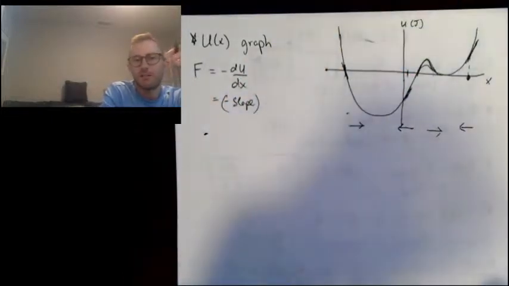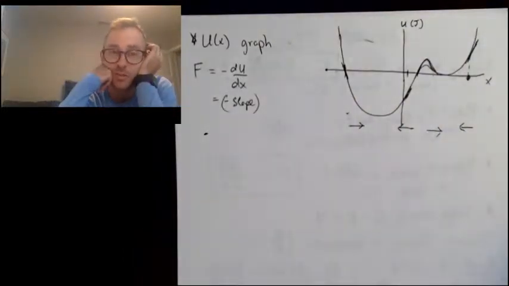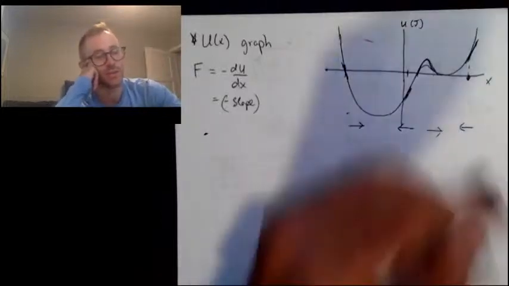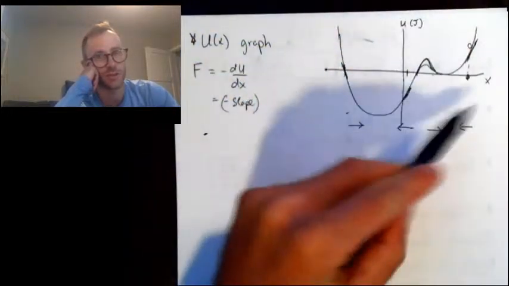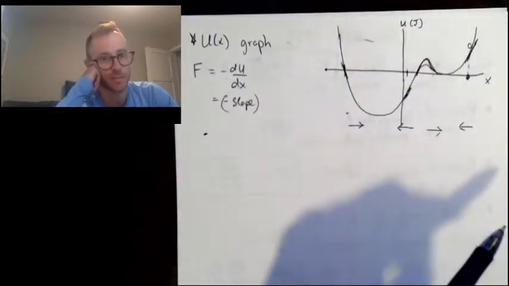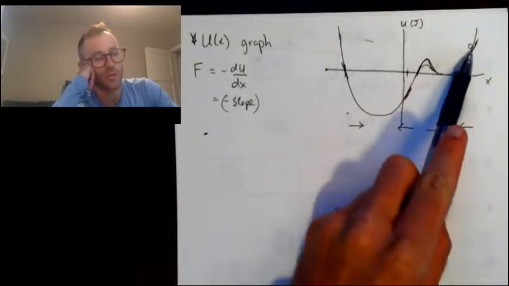A really useful way to visualize what direction the force is going to be going in is to think about a ball on a hill. Think about this potential energy graph as a hill, and think about which way a ball would roll if you put it here.